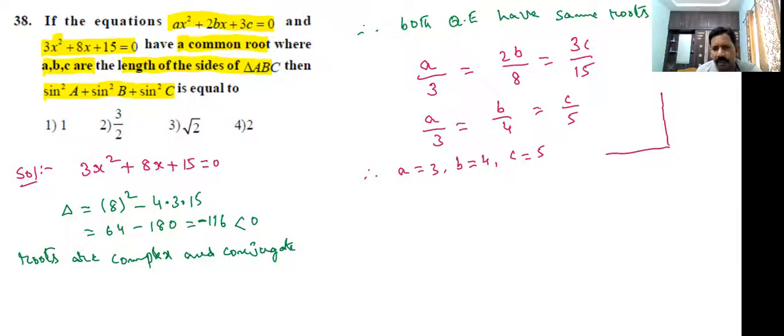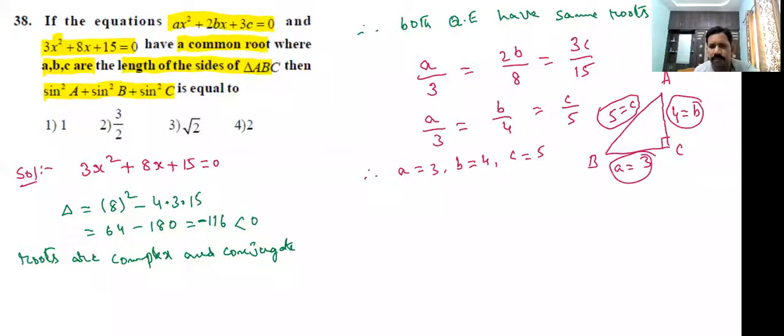See here, 3, 4, 5 forms a right angle triangle or not? This is 3, this is 4, this is 5. That means this is A, this is B, this is C. It is a right angle triangle: small a is opposite capital A, small b opposite capital B, small c opposite capital C, with the right angle at C. C is 90 degrees.